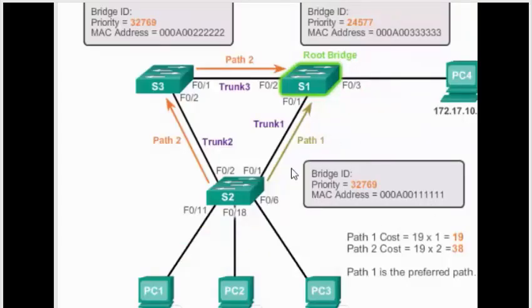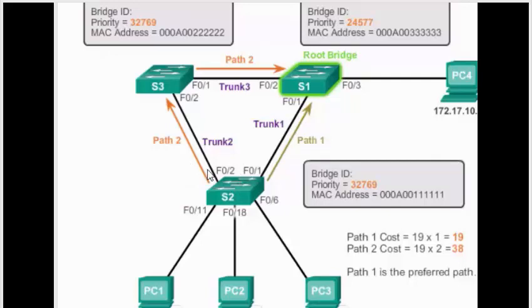Now in this example, the path cost from switch 2 to the root bridge S1 over path 1 is 19, which is the default value. While the path cost over path 2 is 38, because this is going to be 19 and another 19. Path 1 has a lower overall path cost to the root bridge and is preferred.